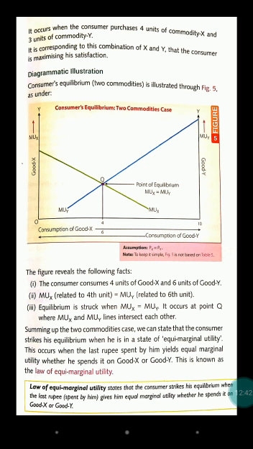So in the case of one commodity, we said the consumer gets equilibrium where MUX is equal to PX, or MUX upon PX is equal to MUM. In the case of two commodities, we are saying the consumer gets equilibrium where MUX upon PX is equal to MUY upon PY.